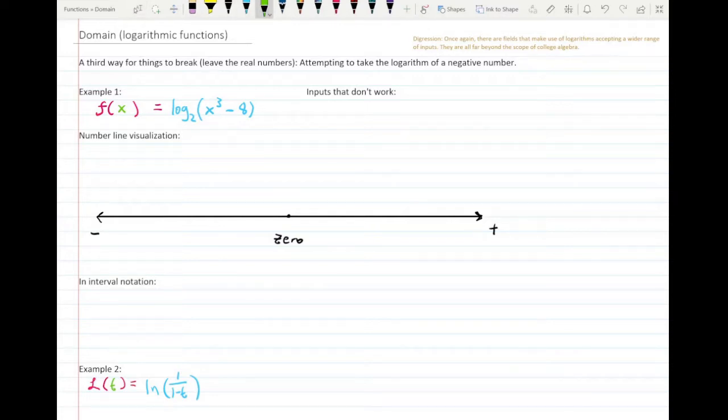For example, if we feed x equals 2 into this function, we get log base 2 of 2 cubed minus 8, which equals log base 2 of 0, which is undefined. We cannot handle it.